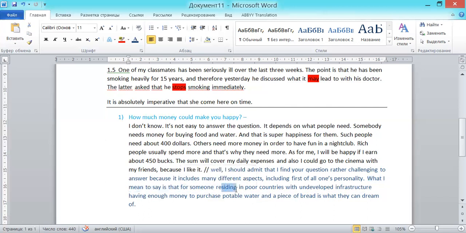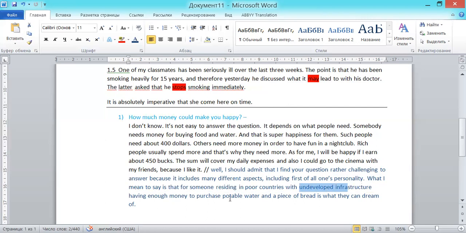I'm using the present participle construction, a good thing to do. Remember that native speakers always use it. Someone doing what? Residing, instead of living, in poor countries with undeveloped infrastructure. We don't have any reference to any kind of infrastructure in the first version, but it's a kind of extension. It is a vocabulary extension, which is very good.